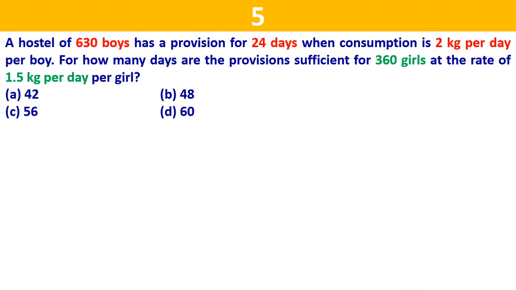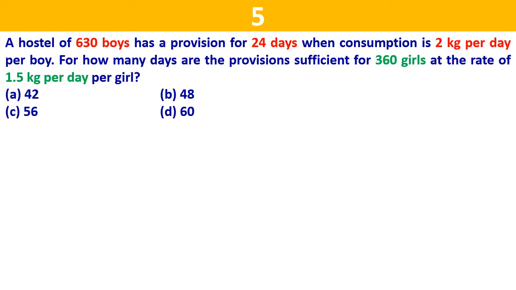Problem number 5. A hostel of 630 boys has a provision for 24 days when the consumption is 2 kg per day per boy. For how many days are the provisions sufficient for 360 girls at the rate of 1.5 kg per day per girl?